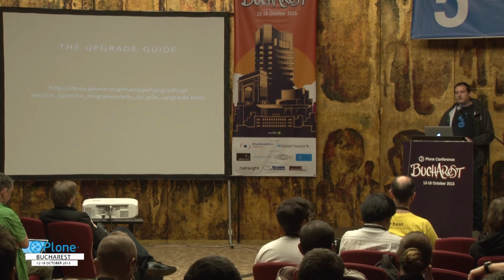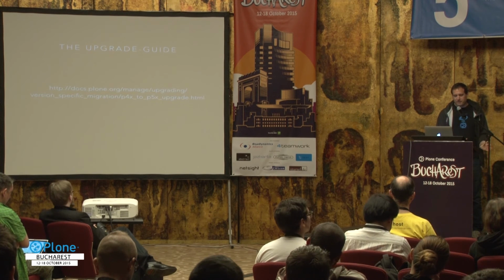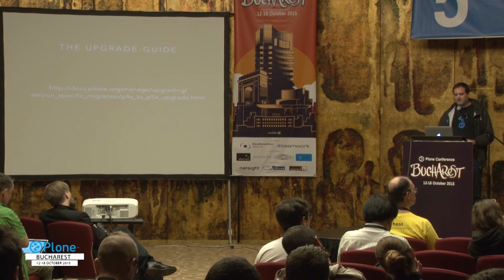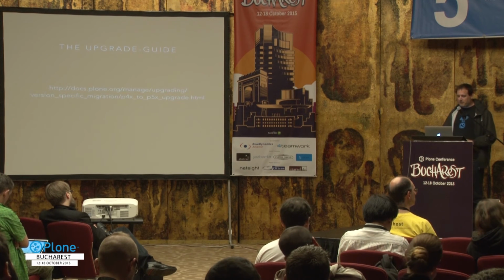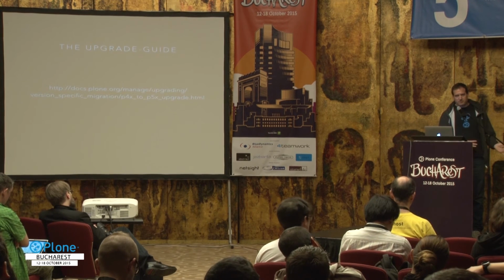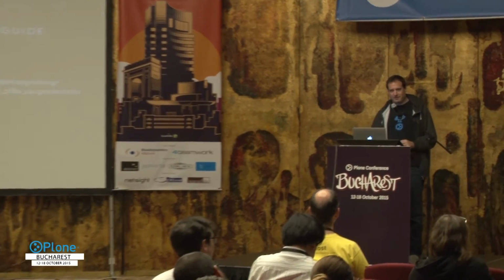We will write down every problem you encounter during the sprint when upgrading add-ons. We'll copy the whole upgrade guide to a Google Doc, because you can't co-edit the RST document at the same time. It doesn't really work because of the commits.